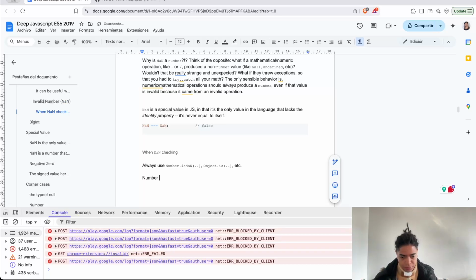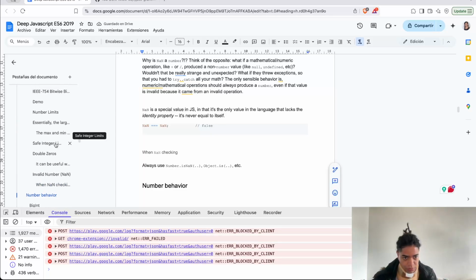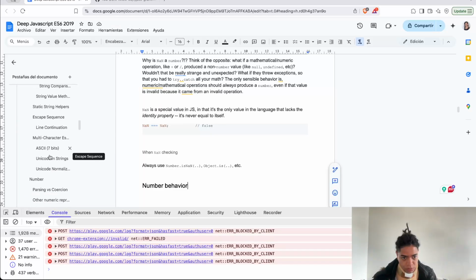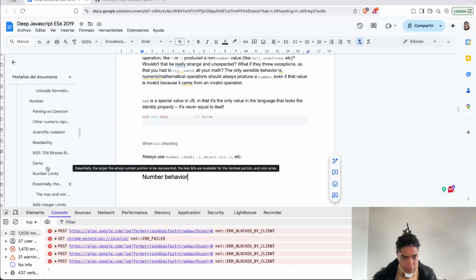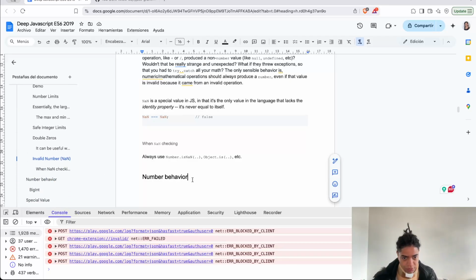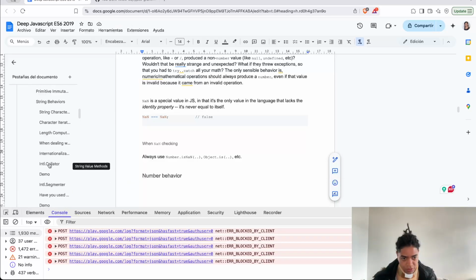So this is the number behavior. Exactly. Now you got the number behavior. So the number and the number behavior.